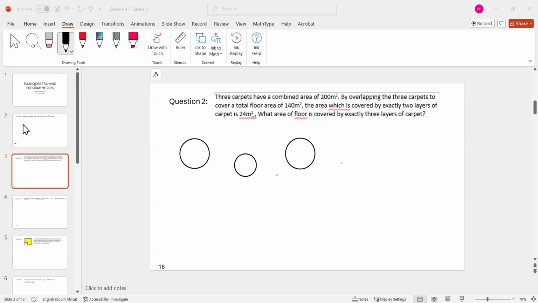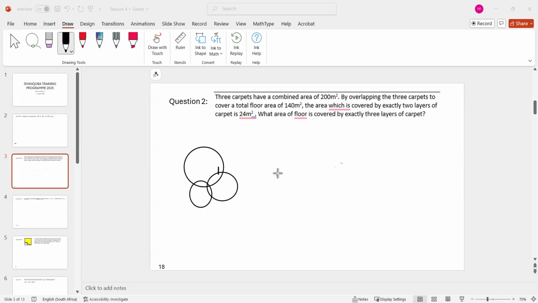So let's put those 3 carpets on top of each other. So you have one carpet like that. Oh, God. Another carpet like this. All right. Sorry about this. I'm going to just draw it by hand. It's not going to look very nice.